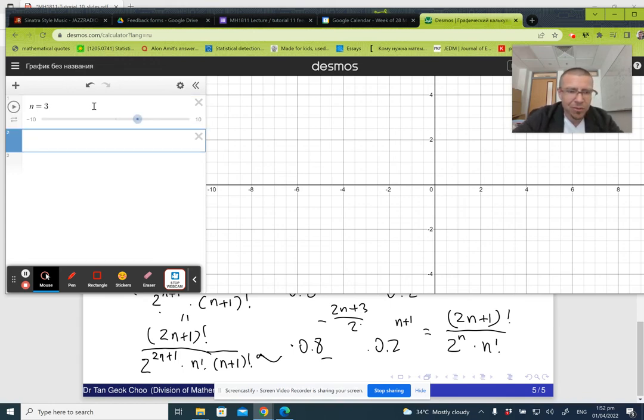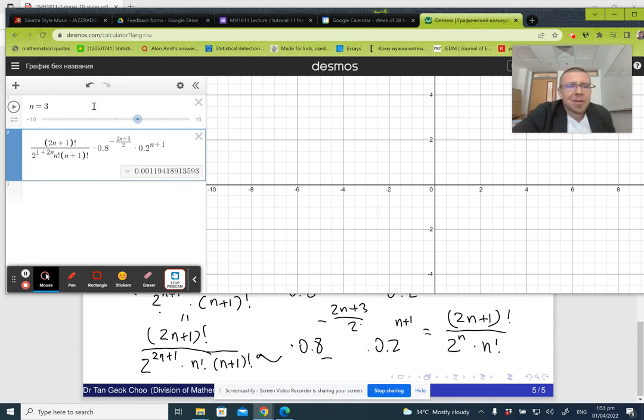Now, the error is going to be the following: 2n plus 1 factorial divided by 2 raised to the power 2n plus 1 times n factorial times n plus 1 factorial, times 0.8 raised to the power minus 2n plus 3 over 2, and times 0.2 raised to the power n plus 1. Okay, so this is basically the error.